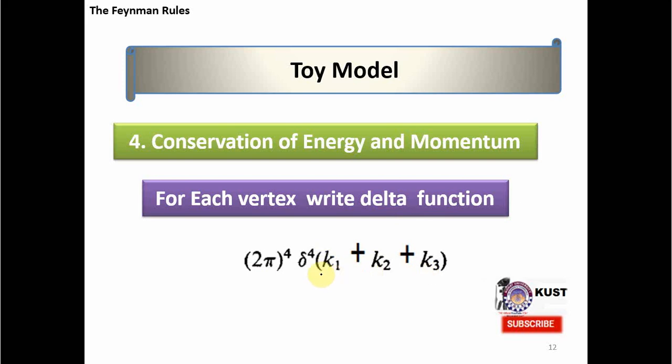In our example, since we have three particles A, B and C, k1 is the momentum of particle A, k2 is the momentum of particle B, and k3 is the momentum of particle C. So this Dirac delta function ensures the law of conservation of energy and momenta at each vertex.